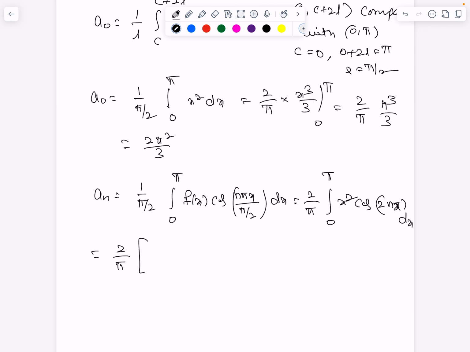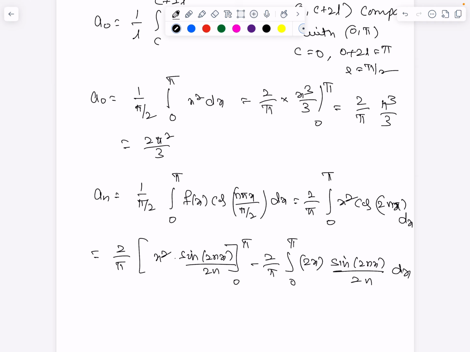That is, x square times the integration of cos 2nx, which is sine 2nx by 2n, 0 to pi, minus 2 by pi integration 0 to pi, derivative of x square is 2x and integration of cos 2nx is sine 2nx divided by 2n into dx.